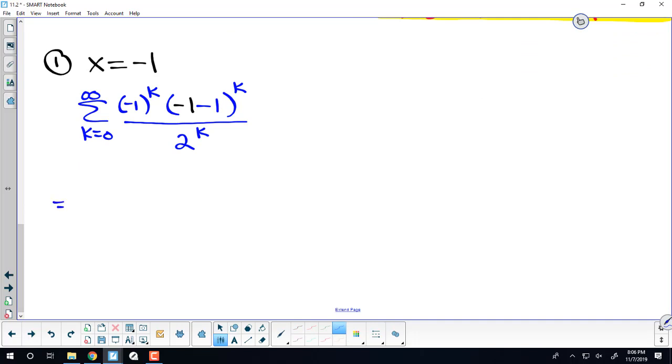We're plugging x equals -1 into the original series to test that endpoint. We don't just put it into this. No, we're testing that series, so you gotta plug it back into the series. I'm gonna just drop the indices here. So this is (-1)^k, and then we have (-2)^k, all over 2^k.